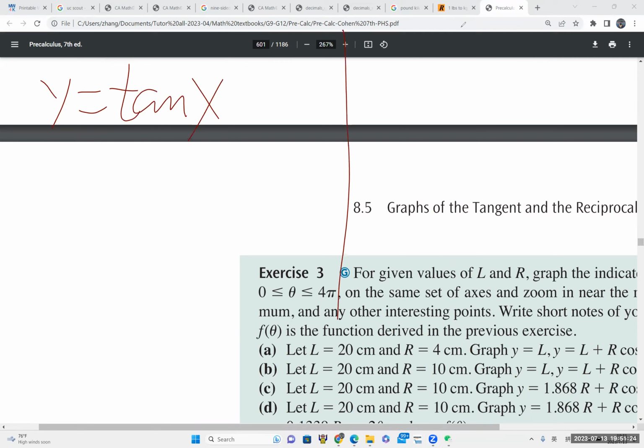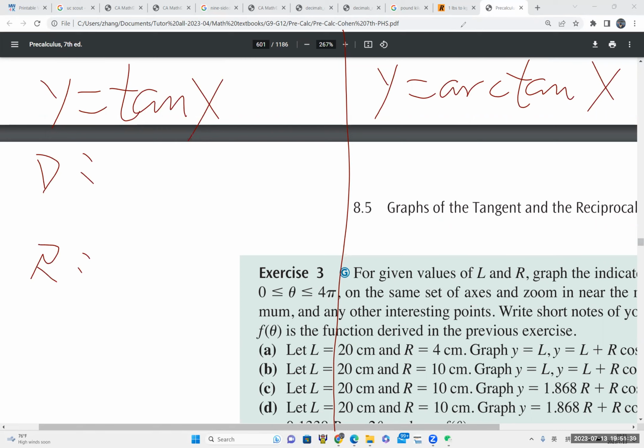We'll even talk about its inverse function, y equal to arc tangent x. First, what is its domain? What is its range?